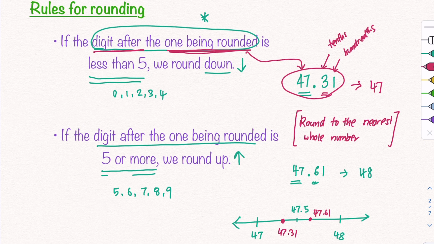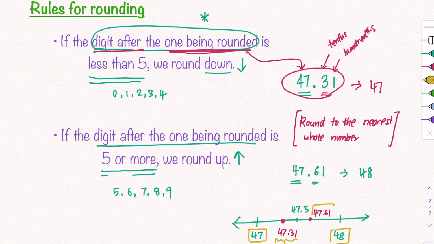So now when we say we're rounding numbers to the nearest whole number, we're trying to decide whether the decimal number is closer to 47 or whether it is closer to 48. And we know that 47 and 31 hundredths is closer to 47 compared to 48.